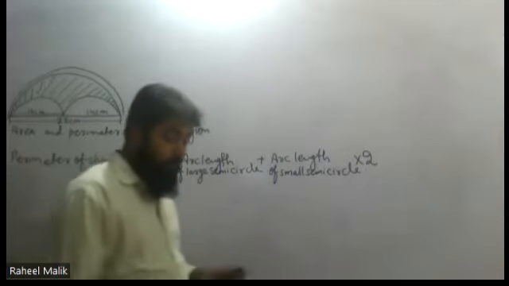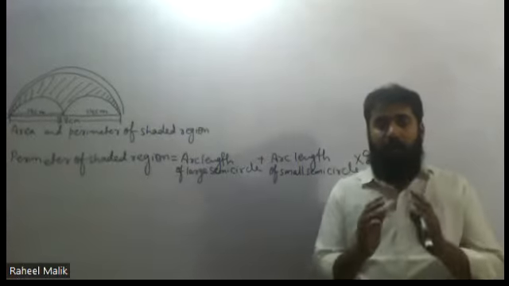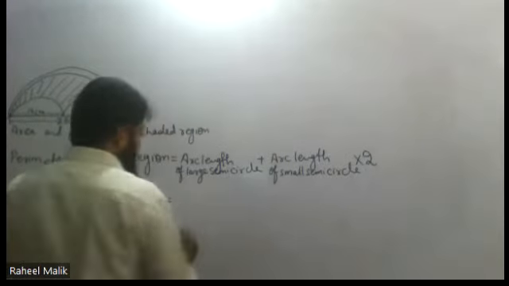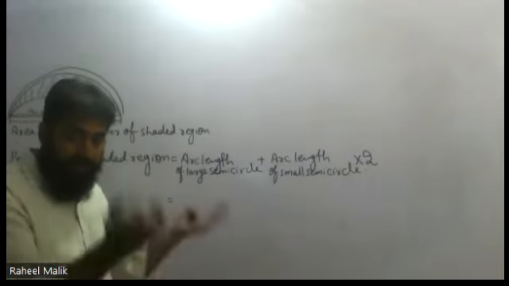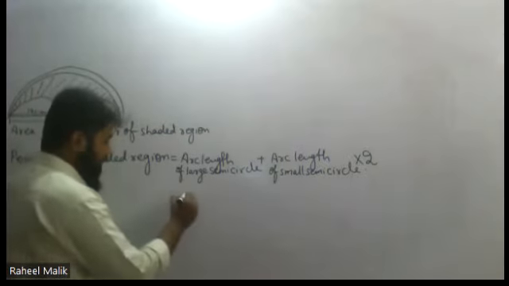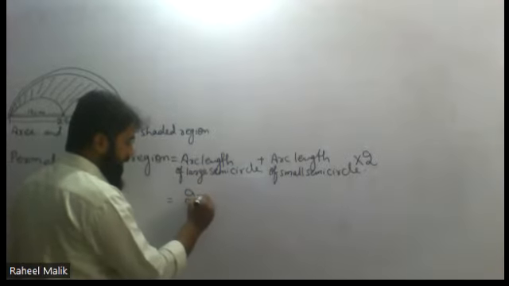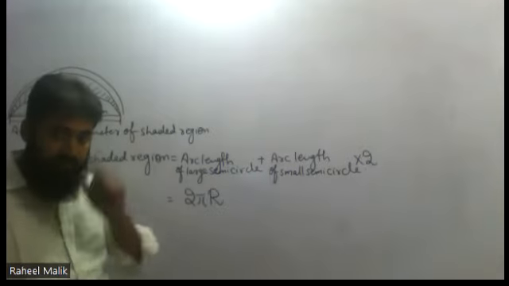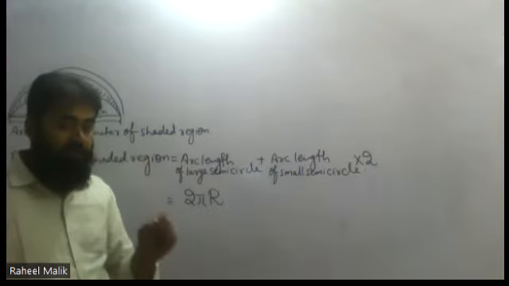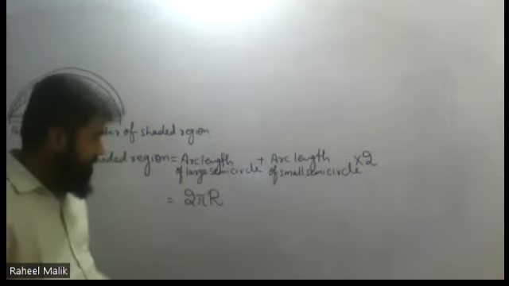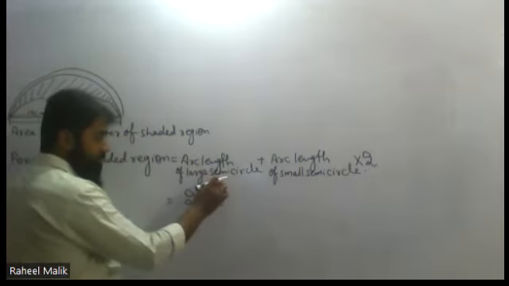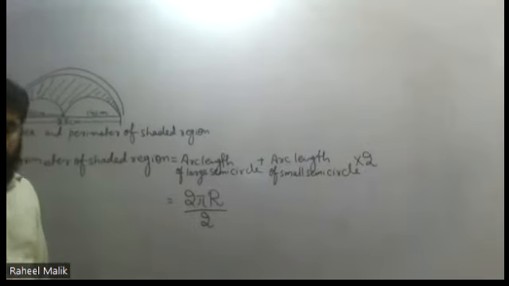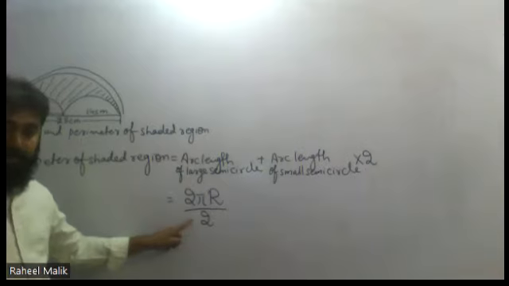Now we are talking about the arc length of a semicircle, right? So we know that the circumference formula of a circle is 2 pi r. We are talking about a semicircle, so we will divide it by 2.